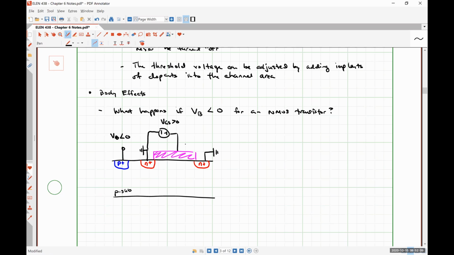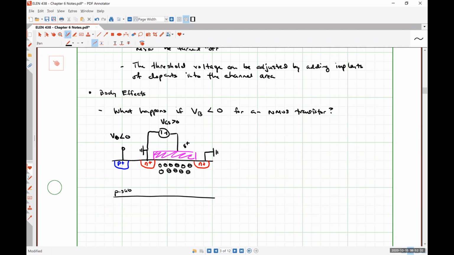So applying that positive voltage at our gate is again going to cause our depletion region to form underneath the gate. But if we apply a body voltage of less than 0, that's also going to attract holes as well.